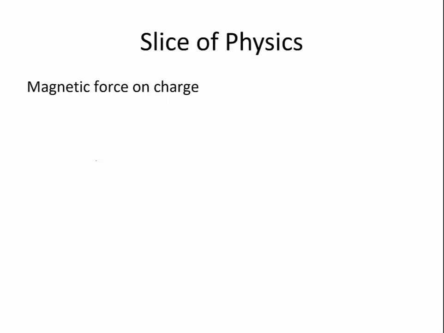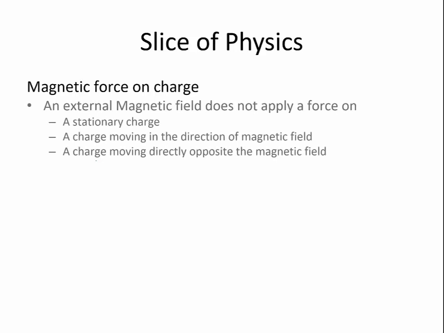So we covered a few things. We are talking about magnetic force on a charge. And the first thing we did is realize that an external magnetic field does not apply a force on charges in certain conditions. So those conditions are when the charge is stationary, or it's moving along the magnetic field, or it's moving directly opposite the magnetic field.